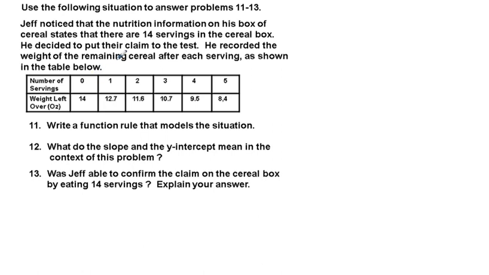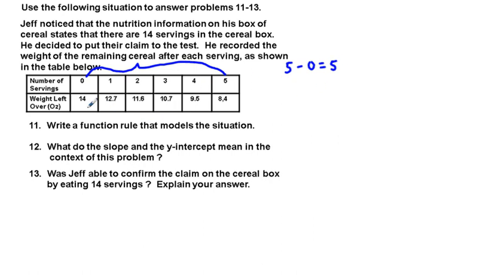First of all, we're going to look at the change in amount of cereal over number of servings. And so we have between 5 minus 0, so we'll say 5 minus 0 equals 5 total servings. That's what we're going to be looking at.